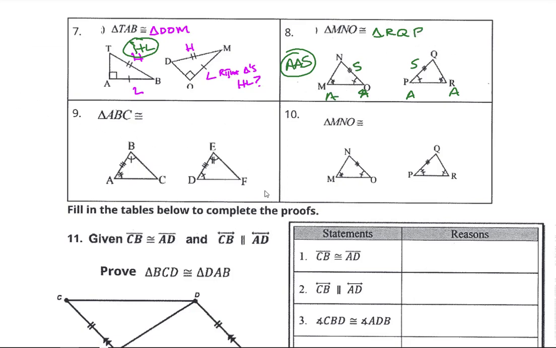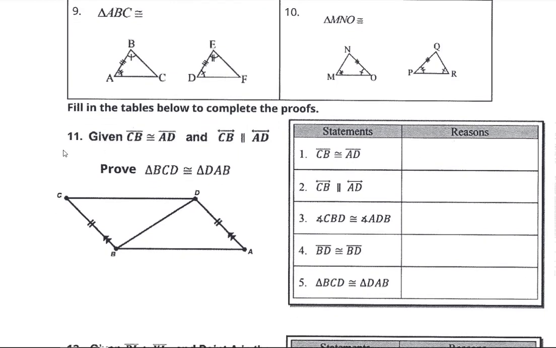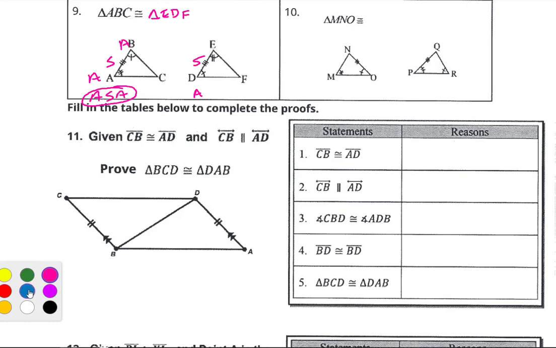Looking at number 9, we've got an angle side angle pattern, and B goes with E, AB goes with DE, and A goes with E, B goes with D. So we have to be sure that we name the congruence in the correct order. So we get triangle EDF is congruent to triangle ABC.